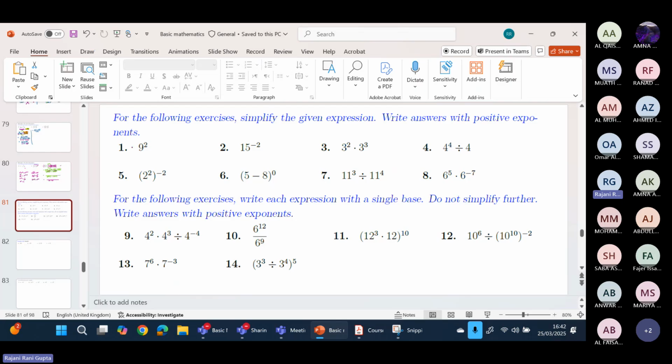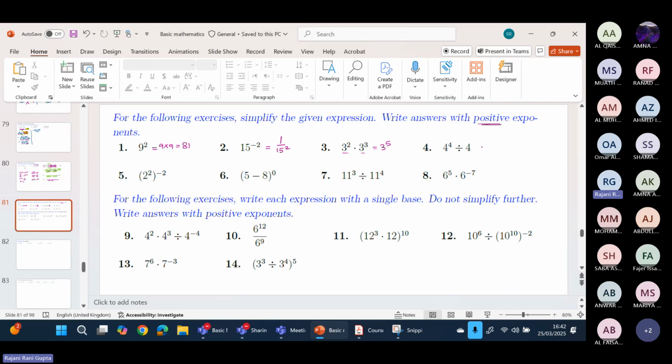Okay, so basically on these principles you have these questions. I'll just quickly pick some questions. So 9 power 2 means 9 multiply 9, you'll have 81. Same thing here, 3 power 2, 3 power 3. So this gives you 3 power 5. This is 15 power minus 2. Since they ask you to do it in positive exponent, you can write it as 1 over 15 power 2, because it's minus, you need to bring it in the denominator.